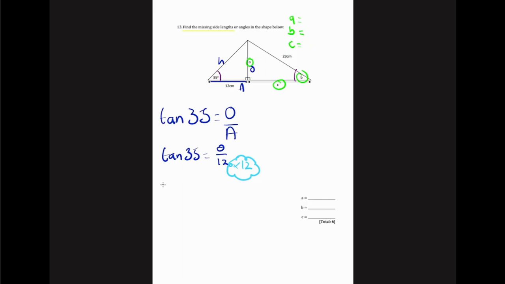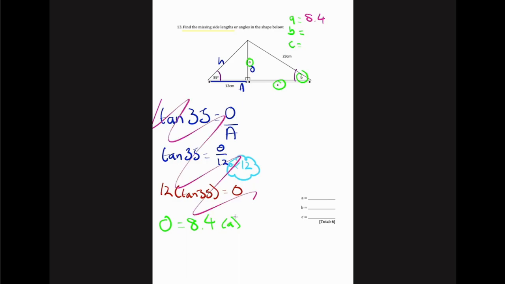So this will be 12 tan 35 equals opposite. If we put it in our calculators, tan 35 times 12, this will be 8.4. This then determines that the opposite equals 8.4, or A. So I found A, which equals 8.4.